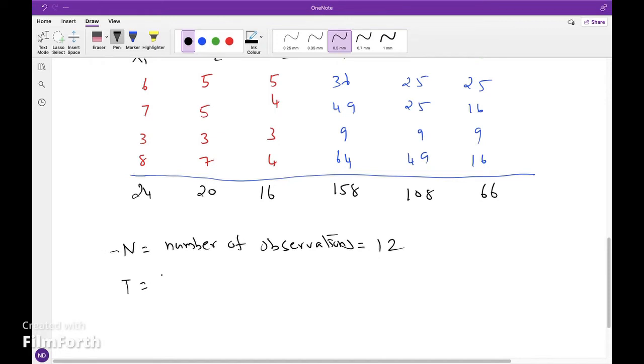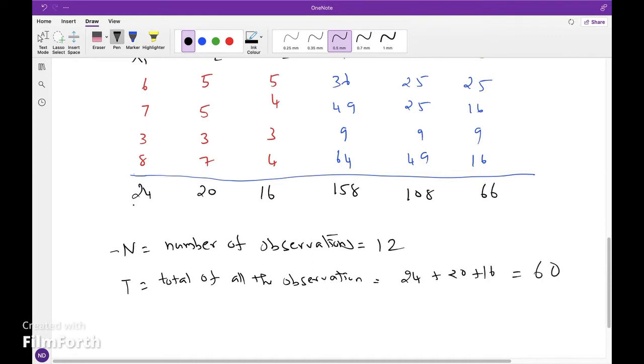T is equal to the total of all the observations, that is equal to 24 plus 20 plus 16, that is equal to 60.